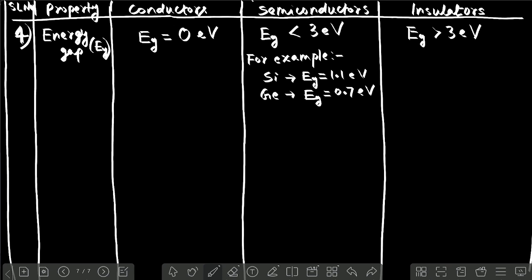Okay, and for an insulator example, you can give diamond. Diamond's energy gap is around 6 electron volt. How many electron volt? 6 electron volt.